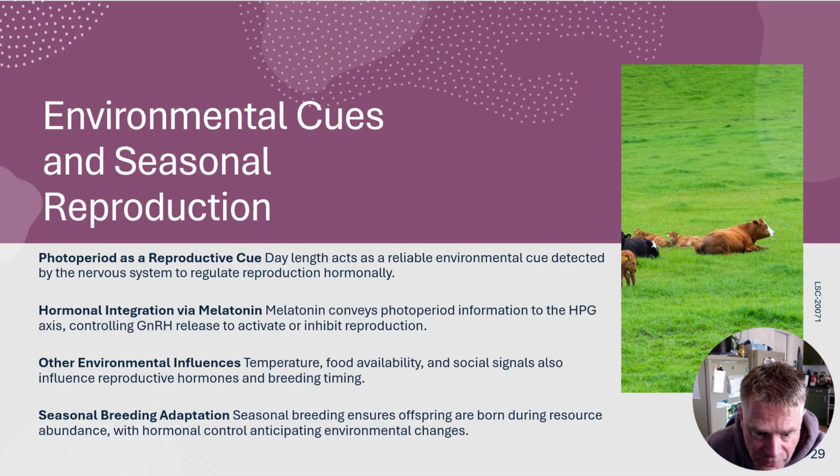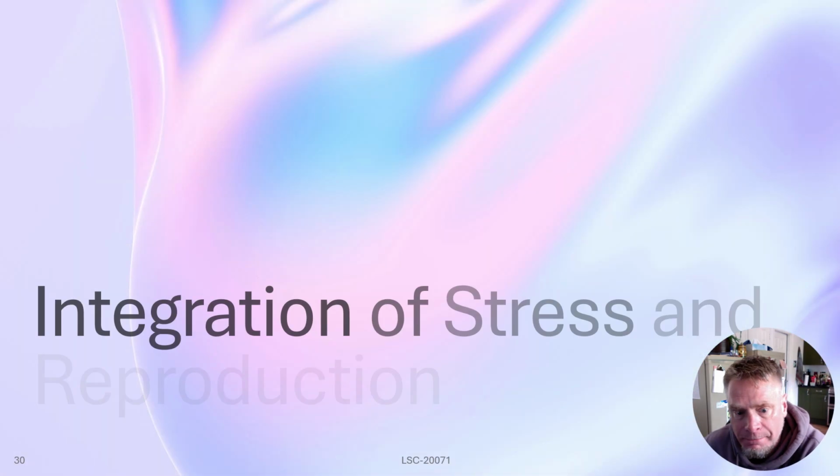Other environmental influences that can affect it: temperature, food availability, social signals. Those can also affect reproductive hormones and the timing of breeding. I've already said this about the seasonal breeding adaptation. So it means that the young are born at the time when there are abundant resources, and this hormonal control anticipates those environmental conditions. It's very clever, actually.